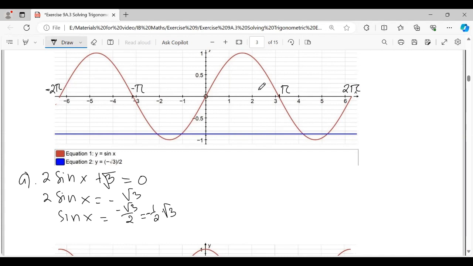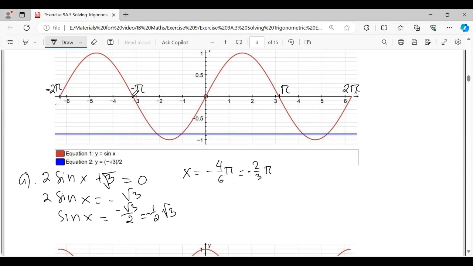So we're going to find the intersection. This is negative 4 over 6 pi, x equals negative 4 over 6 pi or negative 2/3 pi.